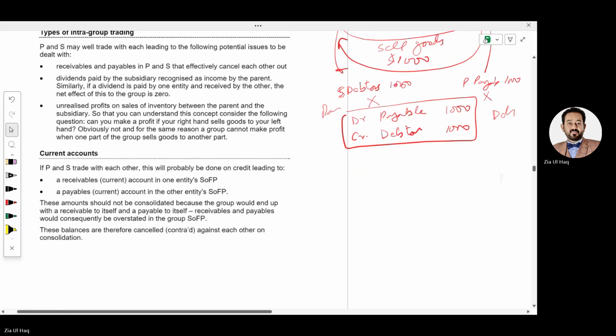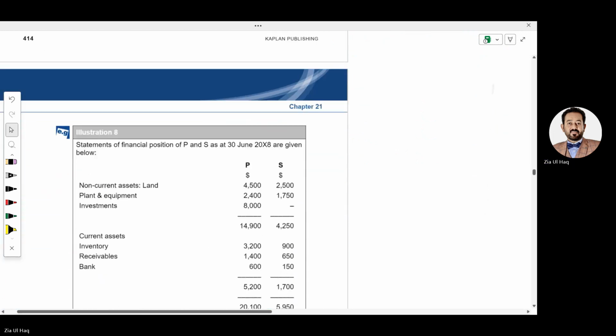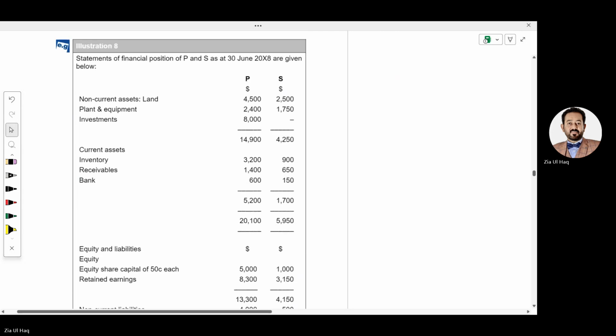Okay, now moving towards illustration 8. Statement of financial position of P and S. P is the parent company, S is the subsidiary. Non-current assets, plant and equipment, and this is the investment. Instead of this, we will record goodwill.